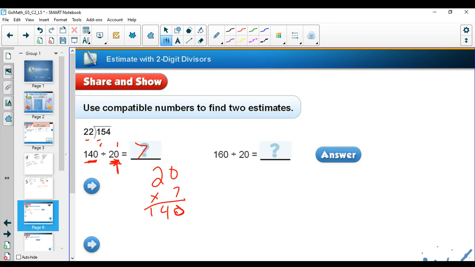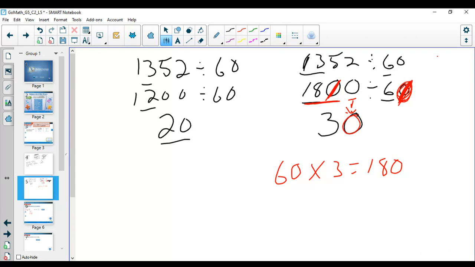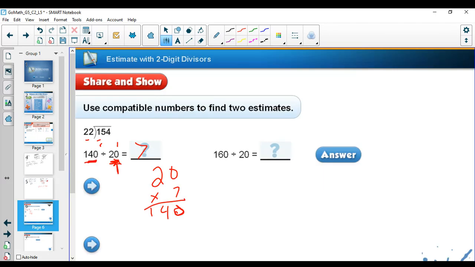Kind of thinking back to the previous problem, where this 0 on the back of 60 got us this 0 on the back of the 180, but we needed an extra 0. But here we don't.